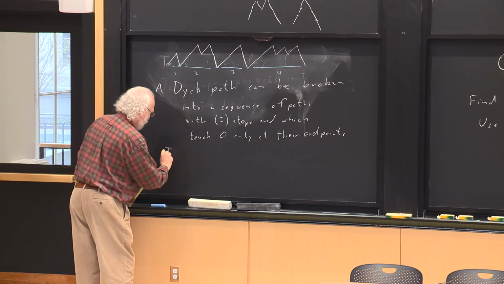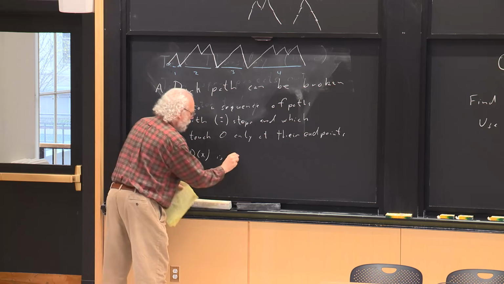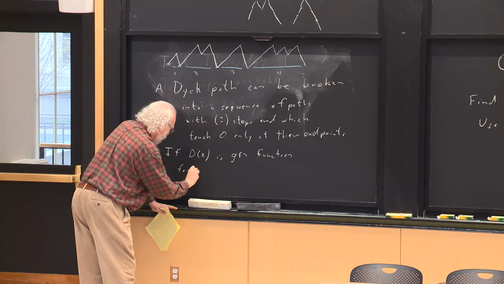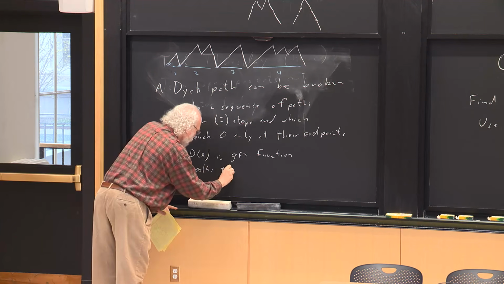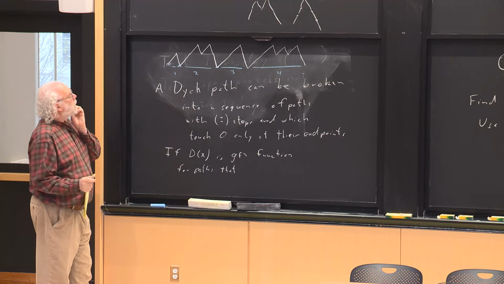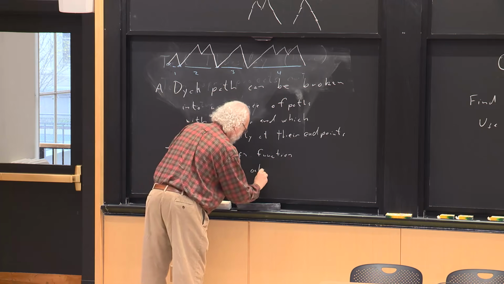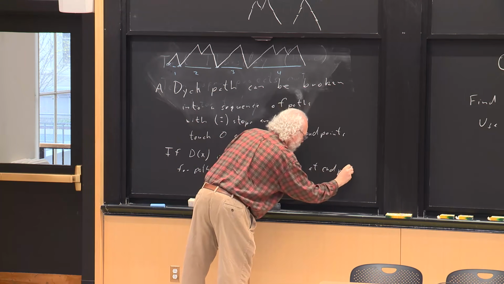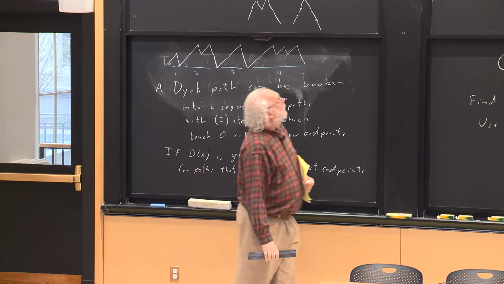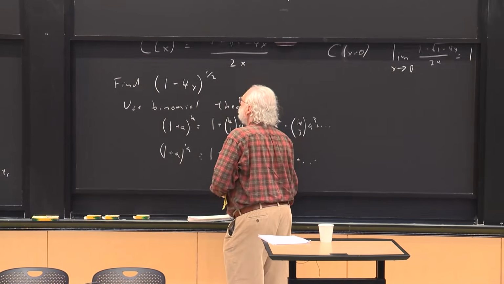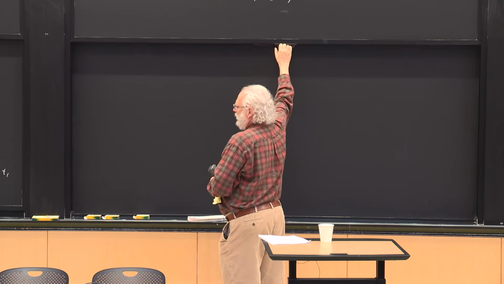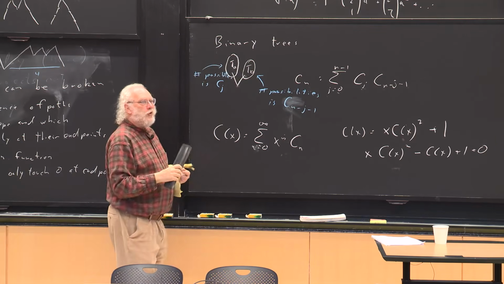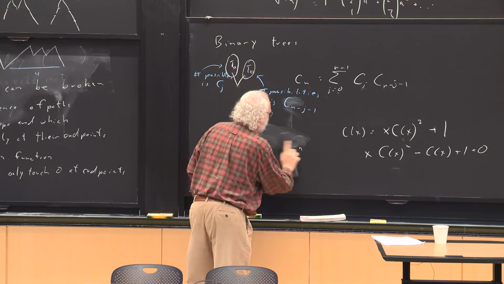So if d of x is the generating function for paths that only touch 0 at their endpoints, we can use the theorem about generating functions from sequences to get the generating function for Catalan numbers, or the generating function for Dyck paths.